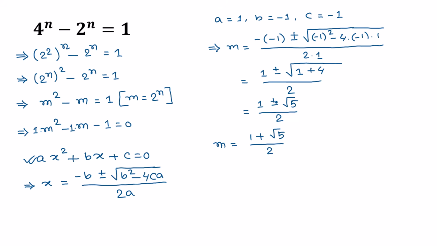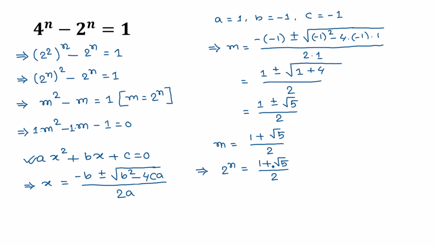At first, taking the positive, and substituting m is equal to 2 to the power n, we can write 2 to the power n is equal to (1 plus the square root of 5) divided by 2.